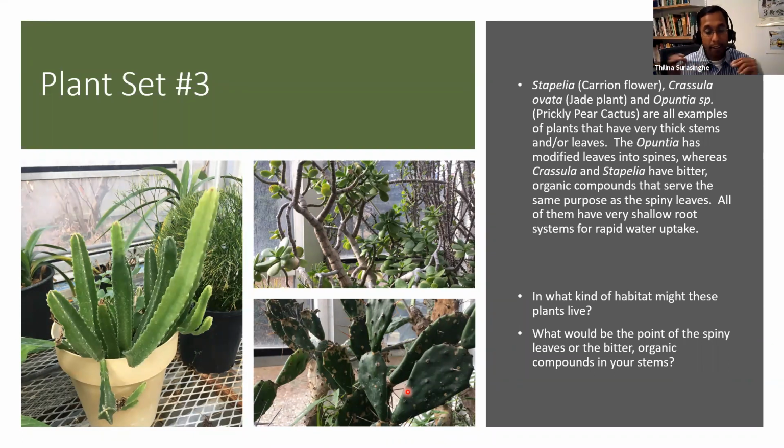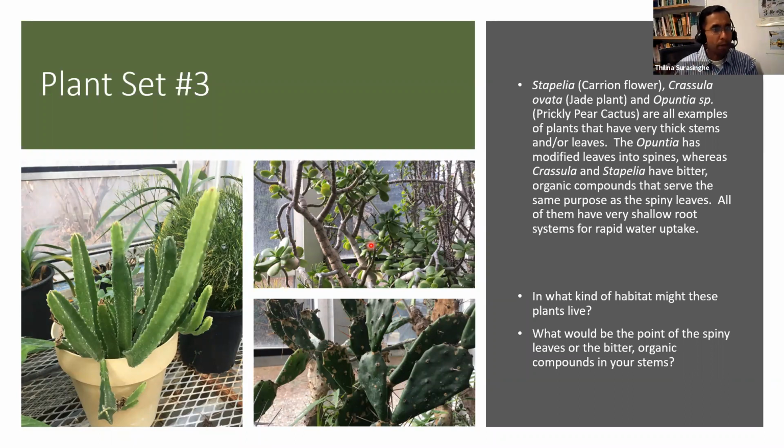So either the leaf has become a spine and the stem has become more succulent and green, but over here, those are actual leaves. Stems are still succulent. What do you mean by succulent? It is fleshy, adapted to store water.